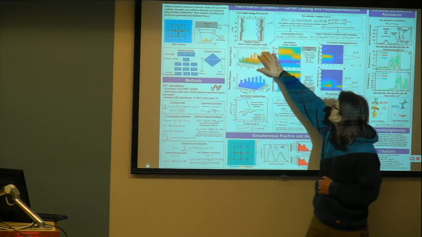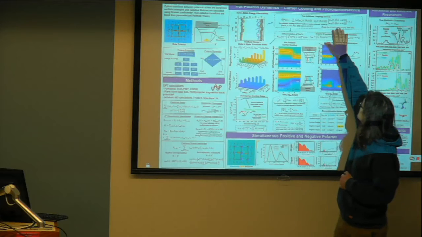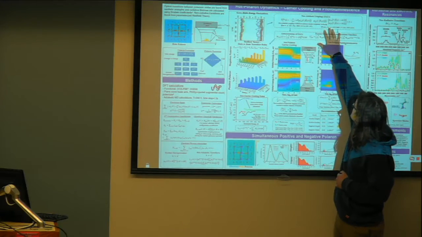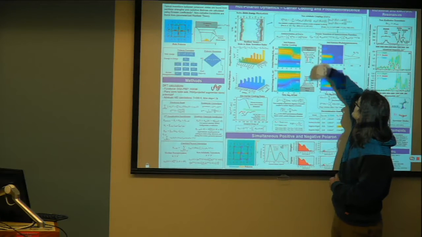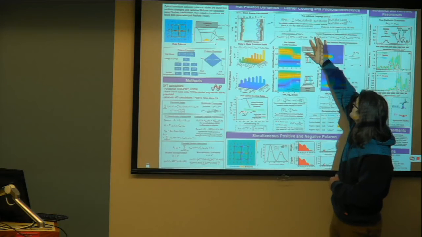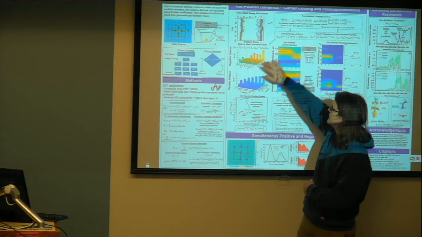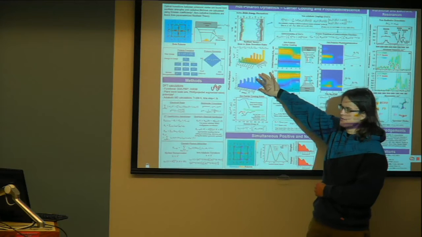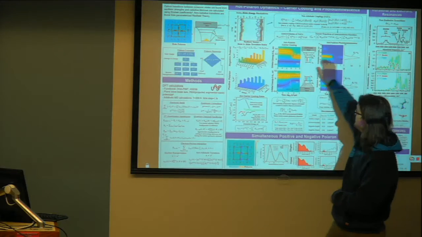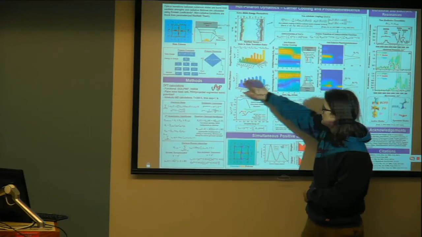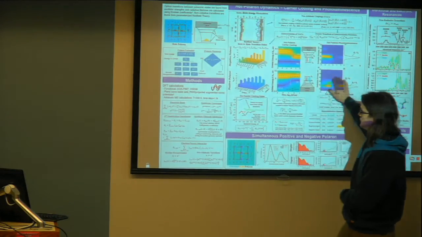From these fluctuations, you can compute non-adiabatic couplings along the trajectory, and then by post-processing the couplings, we can get state-to-state transition rates for our models. The top row is specifically the negative polaron singlet, and this row is the positive polaron singlet.